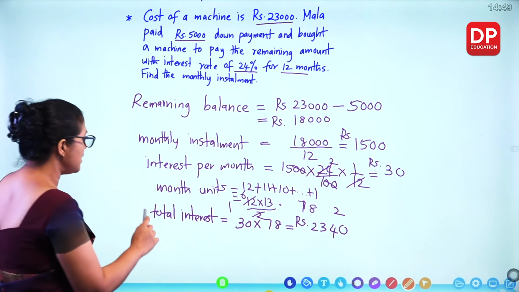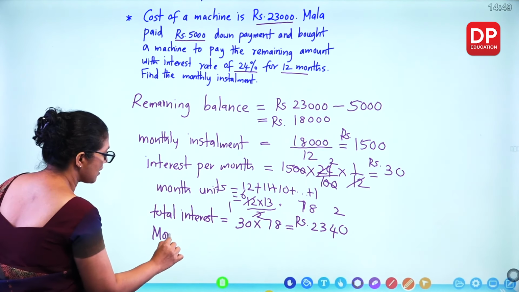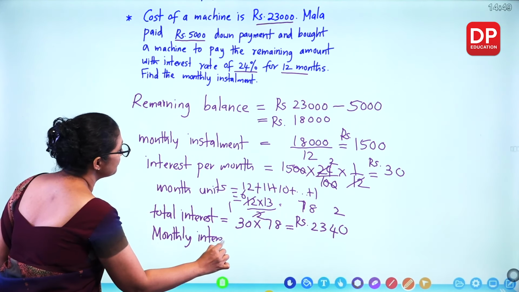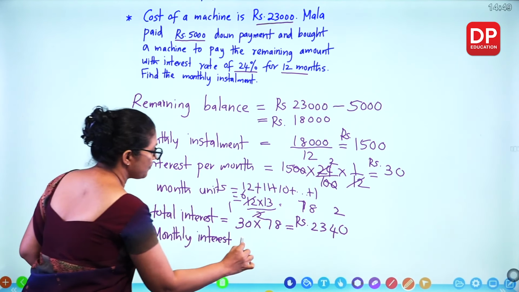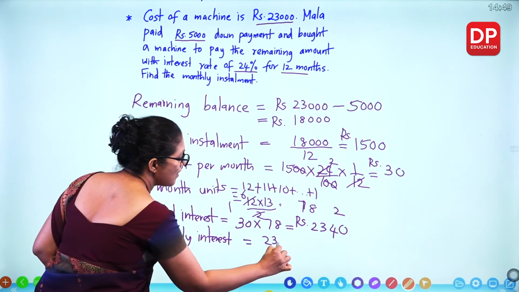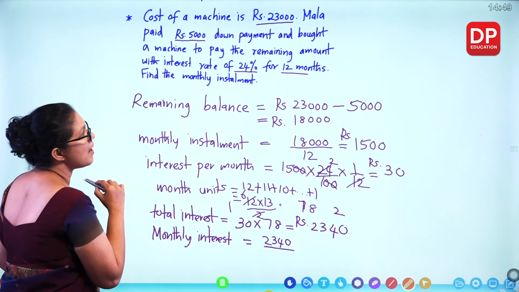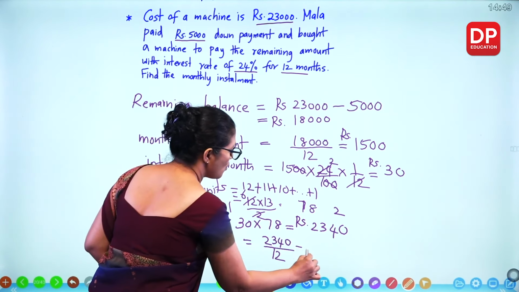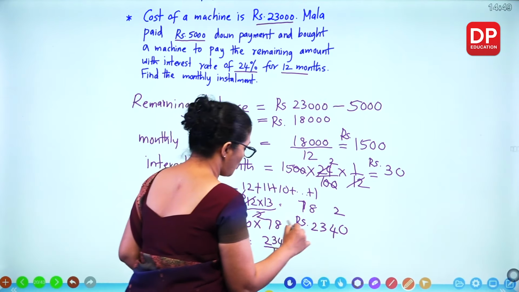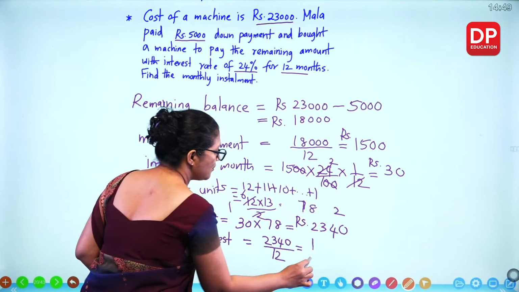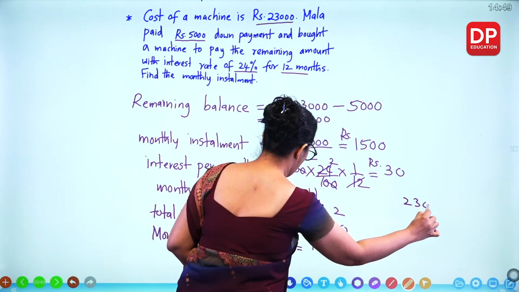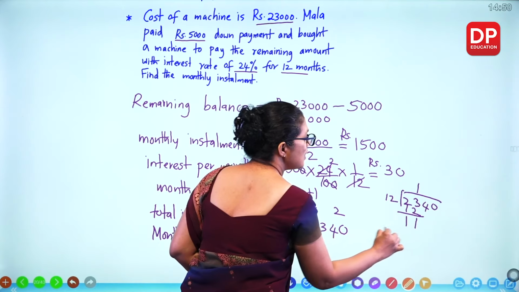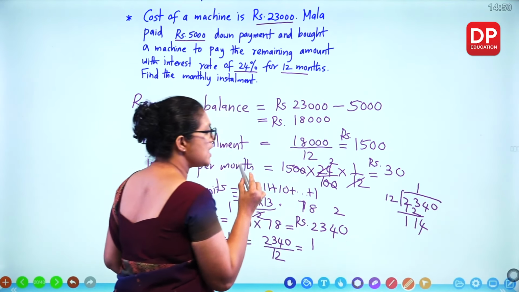So what's the monthly interest? Monthly interest is 2,340 divided by 12 equal months. So we'll divide here. 12 times 1, 12. 11 remaining, 114.